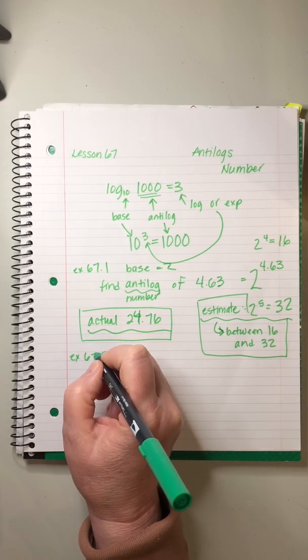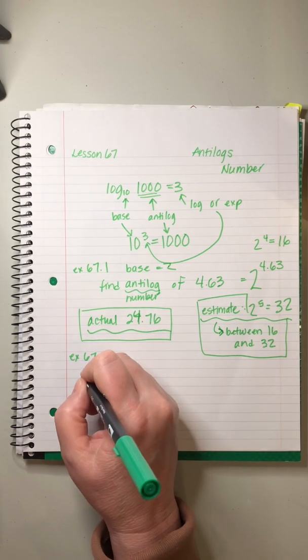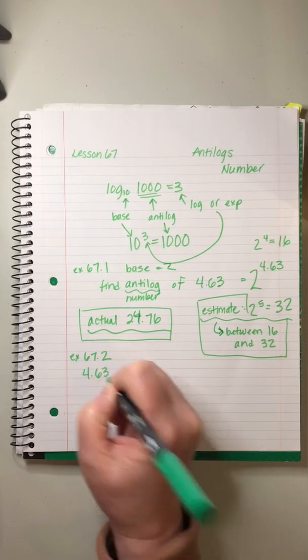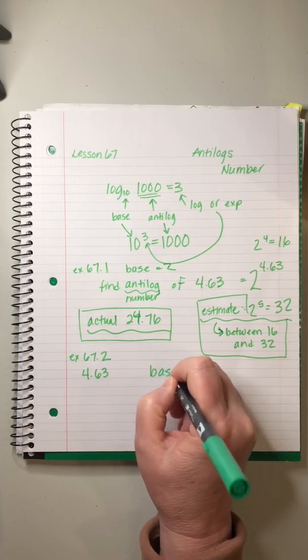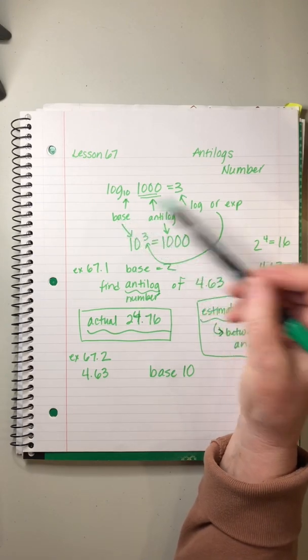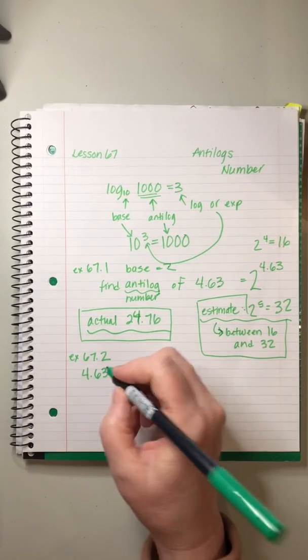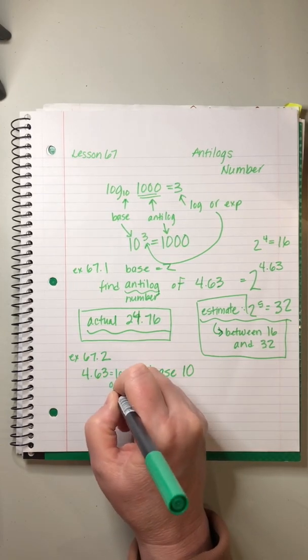Use a calculator to find the antilog of 4.63 if the base is 10. We're finding the antilog. The base is 10. That means this has to be the log or exponent. Okay?